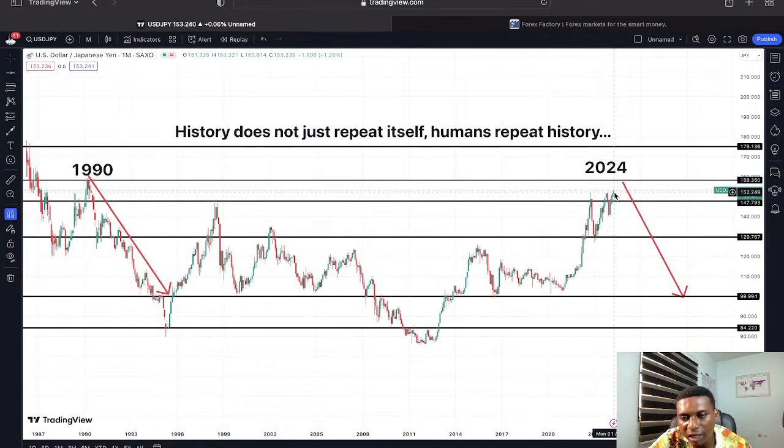There would be a fall, at least down to this support zone. Now this is a broader overview on USD JPY.